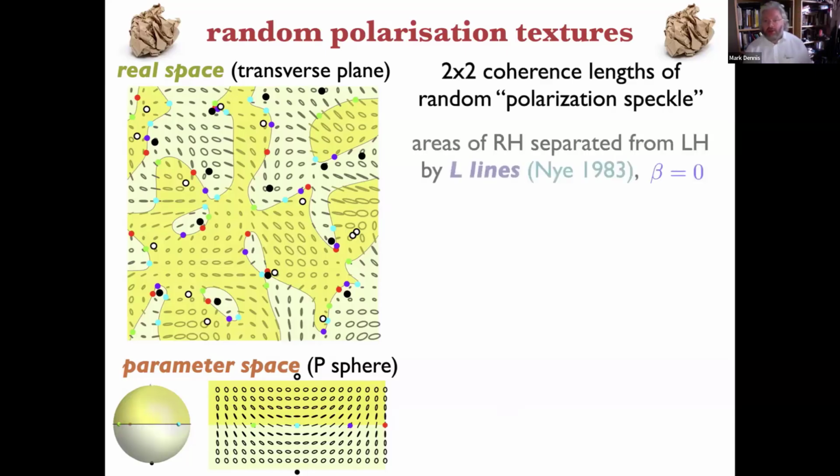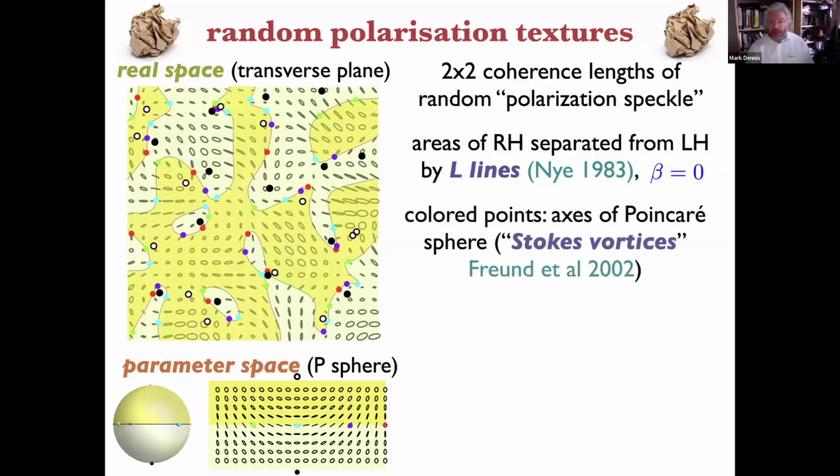It's 2x2 coherence lengths. This is a numerical simulation. The areas of right-handed from left-handed elliptic polarization, the lines where beta equals 0 or S3 equals 0, are called L lines, after John Nye's naming, lines where the polarization is linear.